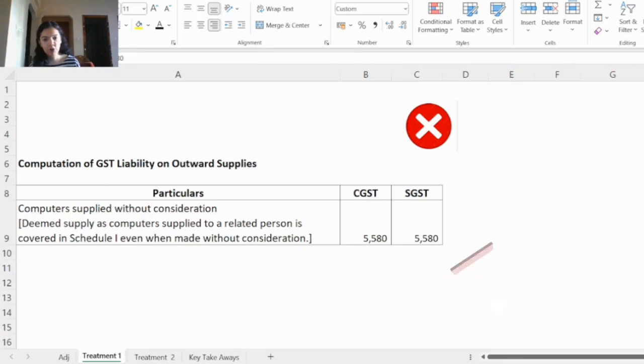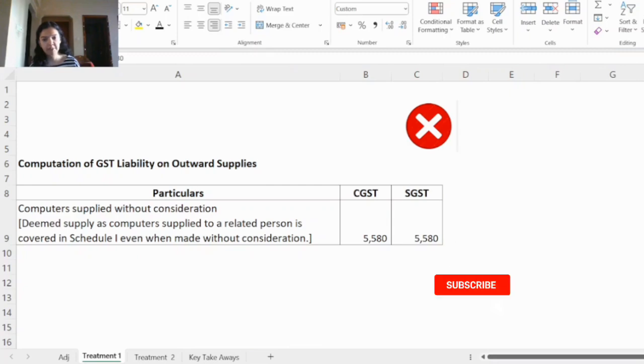This is incorrect because Schedule 1 entries don't automatically apply here. Para 1 of the Schedule 1, that is permanent transfer of business asset, requires that ITC is availed, but the computers were bought from the unregistered supplier, so no ITC would be claimed. Now let's apply para 2. Supply between related persons.